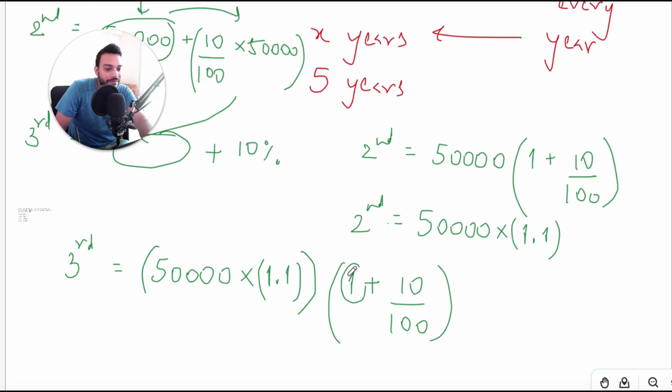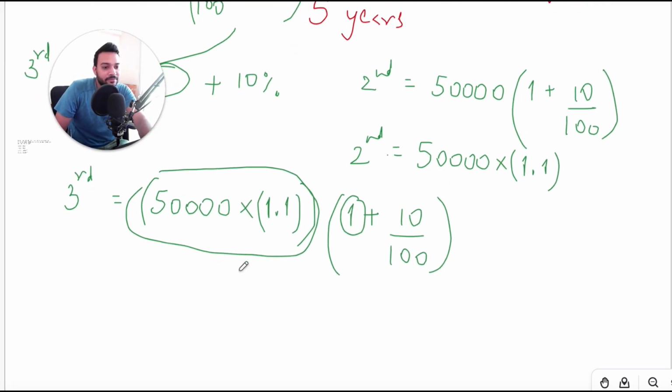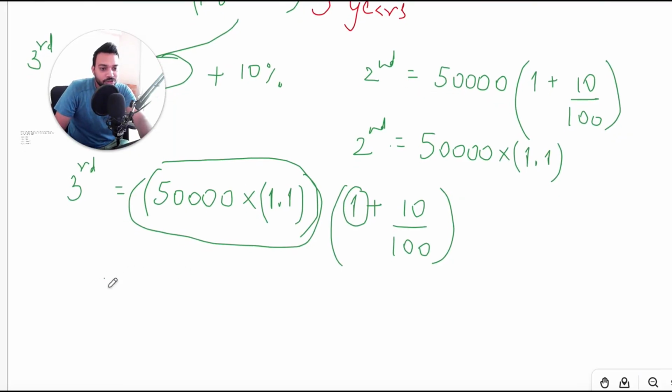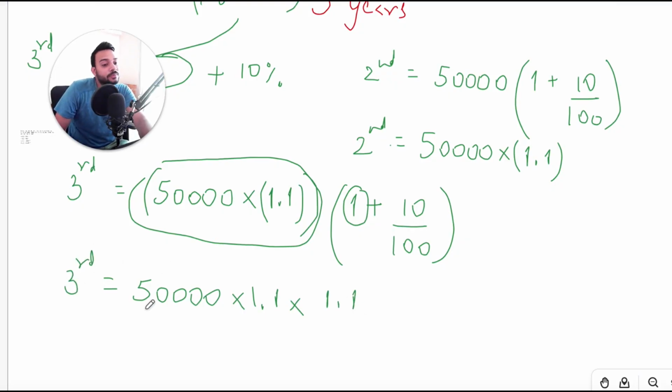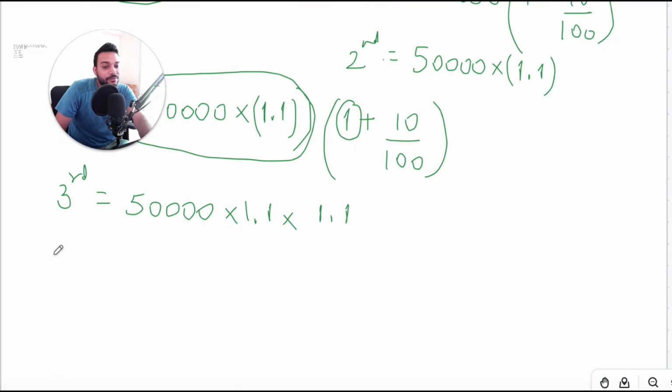The 1 represents this original value, this complete value. 10 over 100 represents an increase of 10% on this value. That's why it's outside common, getting multiplied to both. So now this becomes 50,000 times 1.1 times 1 plus 0.1, again 1.1. So for the third year, you see 1.1 times 1.1. Let's look at the fourth.